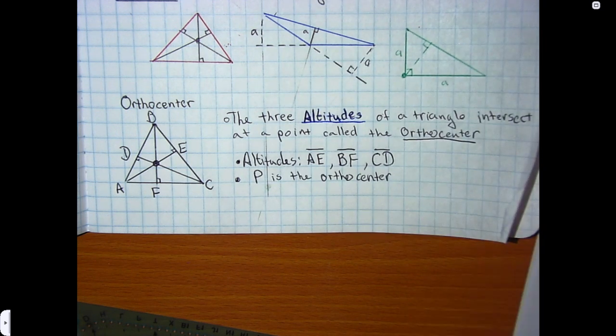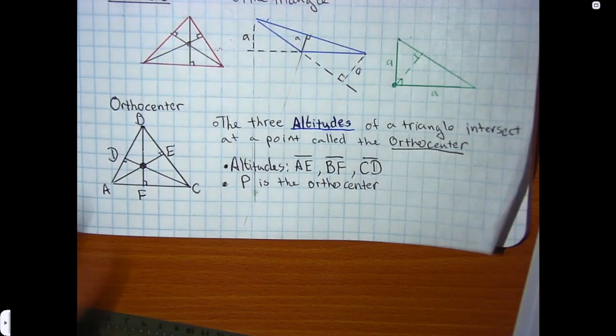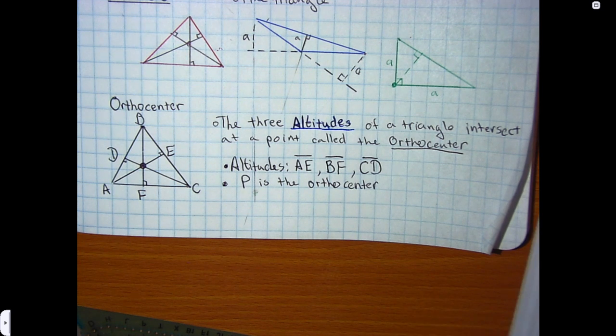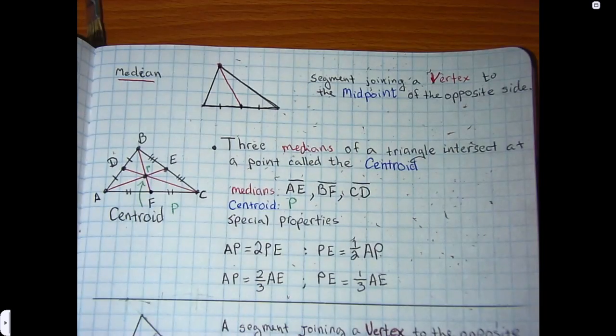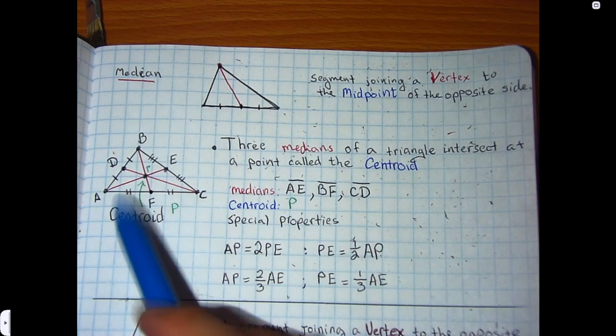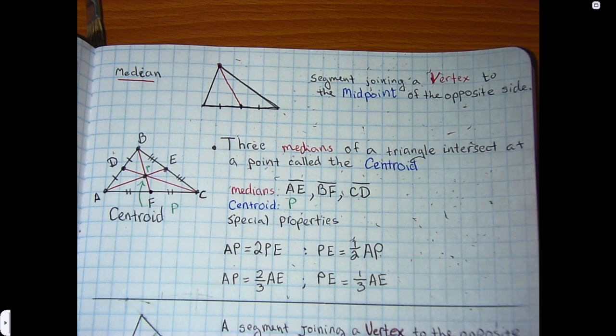Okay, so that's what we're covering today and tomorrow. Just prepare first. I will make another video going over what we can use, but you should be able to apply the fact that for a median, the segment separated by the centroid is about 2/3 of the whole length.